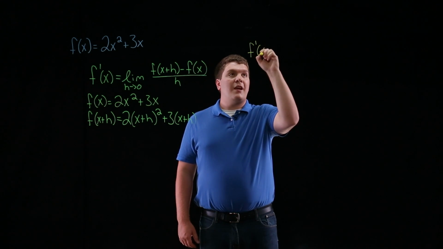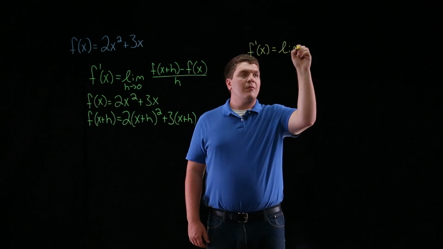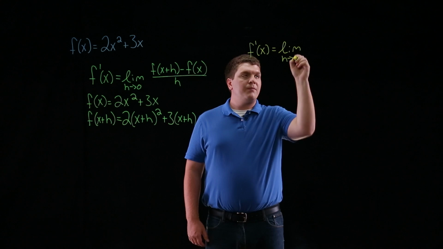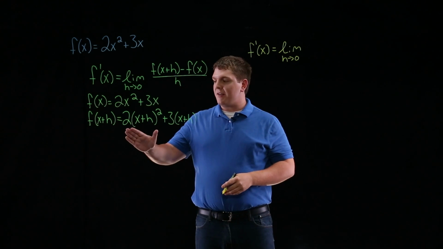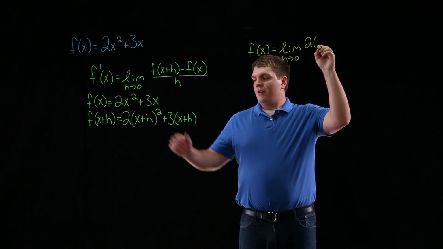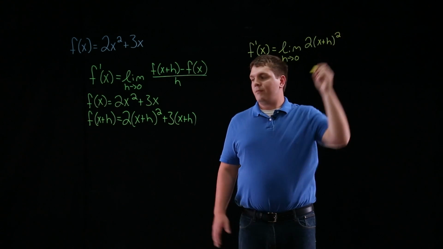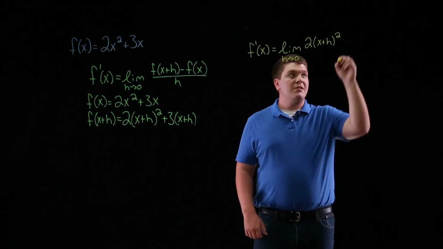As I said, f prime of x is going to be the limit as h approaches 0 of f of x plus h, which in this case is going to be 2 times (x plus h) squared, plus 3 times (x plus h).